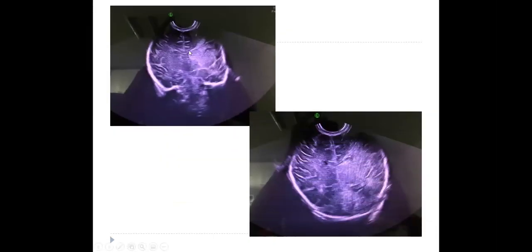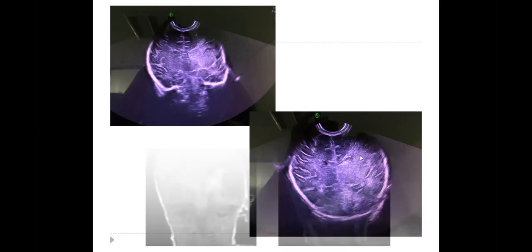When I did the cranial ultrasound, I found this region of hyperechogenicity in the temporal lobe, involving the basal ganglia and some of the frontal lobe.